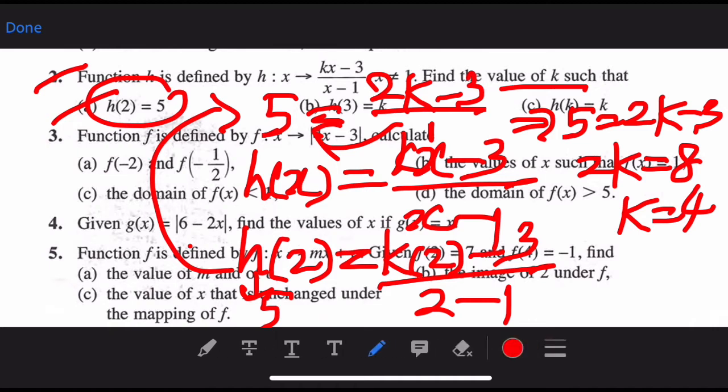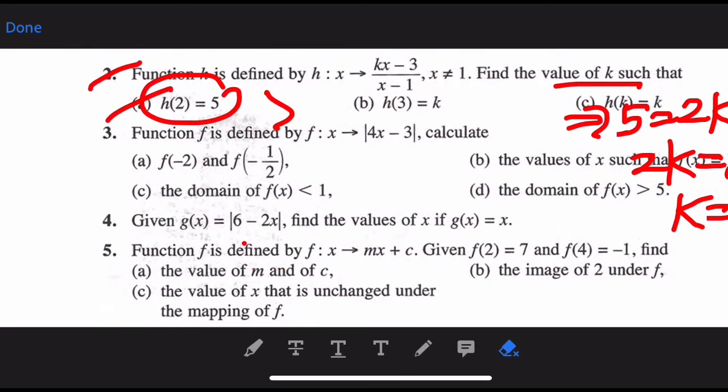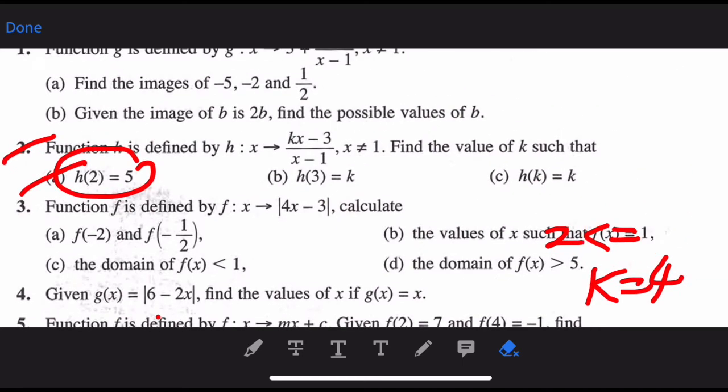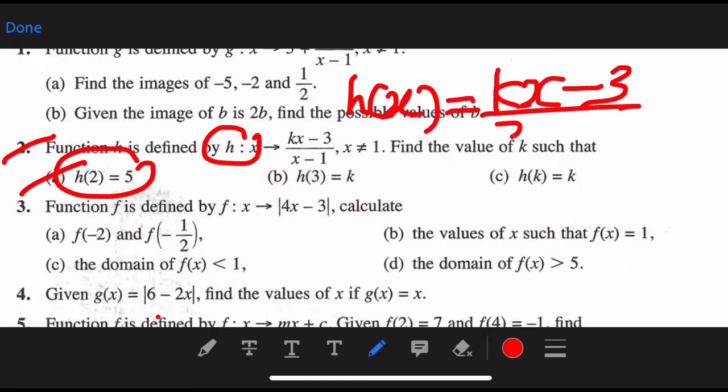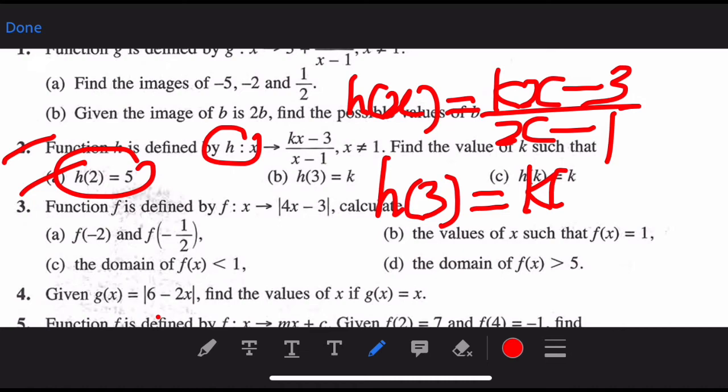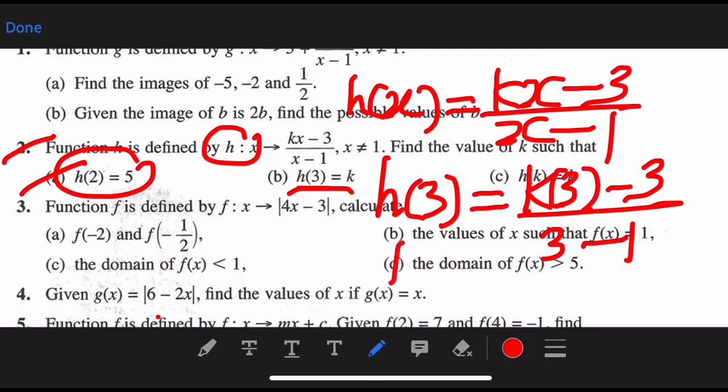Now we discuss b. Part b is h(3) is equal to k. So again we write h(x) equal to (kx minus 3) over (x minus 1). Now h(3) is k, so we substitute. When we see x, we substitute with 3, and here with k.